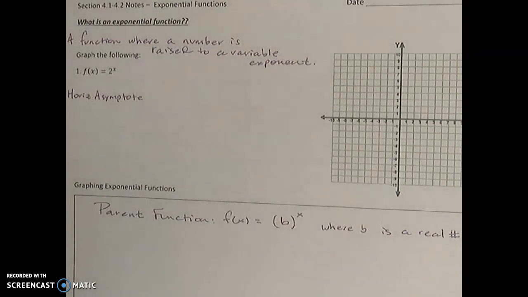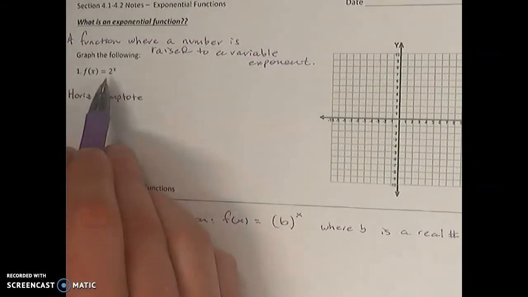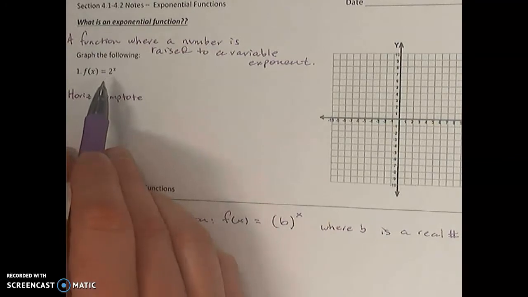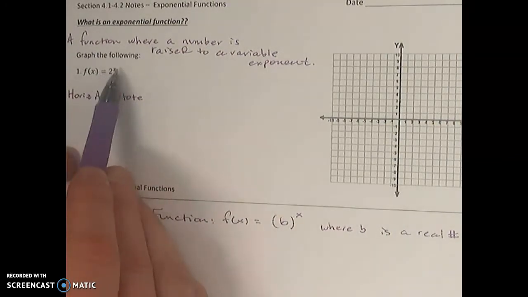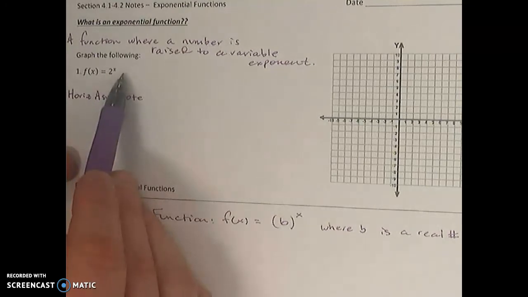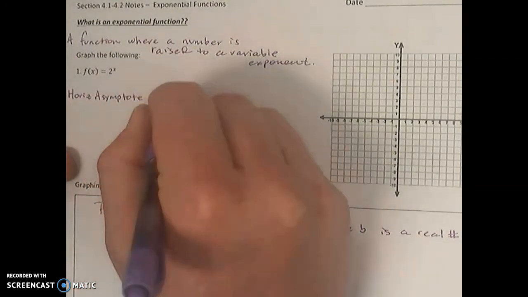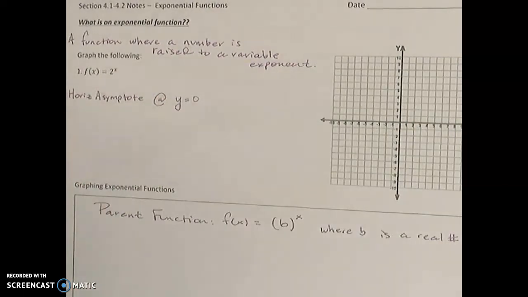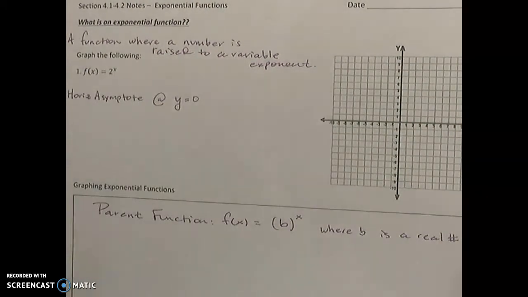So it's not even like a specific parent function. The horizontal asymptote of a parent function, 2 to the x, 3 to the x, 4 to the x, as long as there's nothing added or subtracted to that term, will be at y equals 0. Let's talk about why that is.